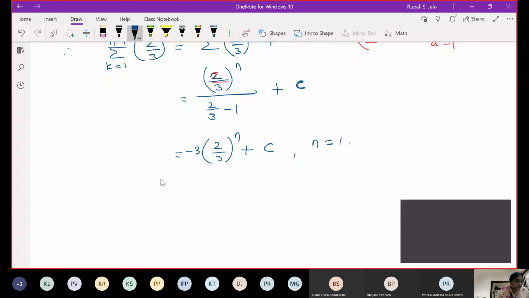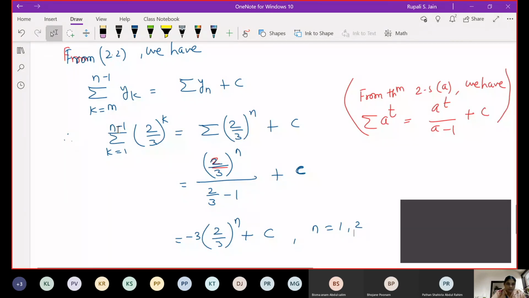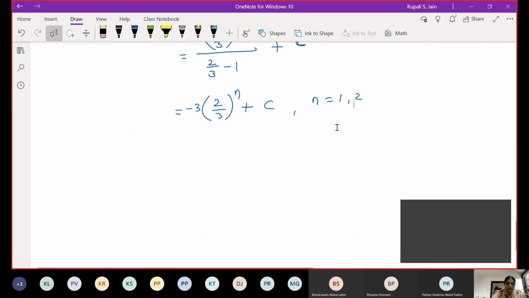What is n here? n can't take the value 1, because my n is strictly greater than m. M is my 1, so my n runs from 2, 3, 4 and so on. So this is my summation, k is equal to 1 to n minus 1 of 2 by 3 raised to k.